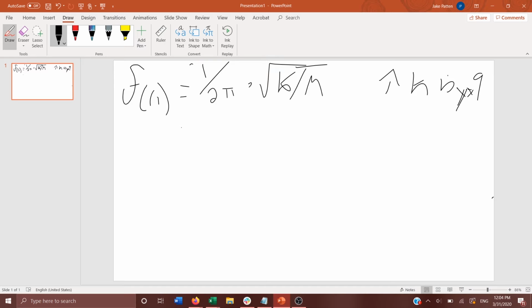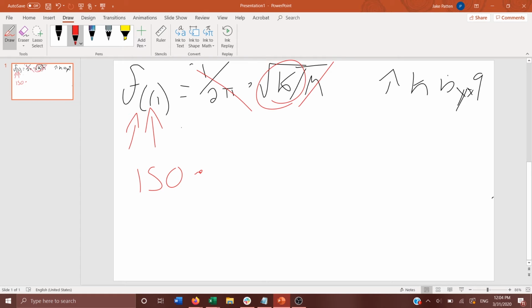Anytime you see that K is being increased, all that means is you take your first frequency, which is 150, get rid of all this stuff, and multiply by the square root of what's added.